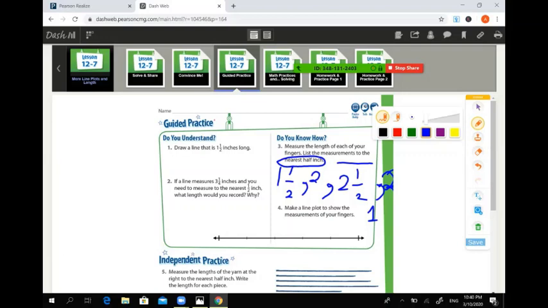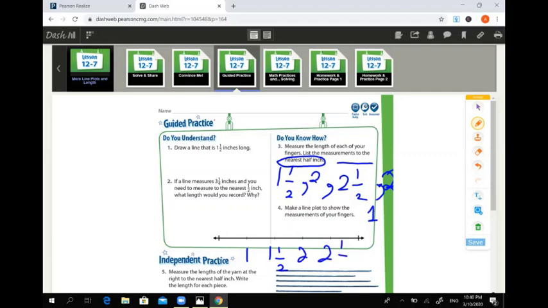Let's start from the least number, which is 1. Then 1.5, because it is to the nearest half, then 2, and then 2.5, and then 3.